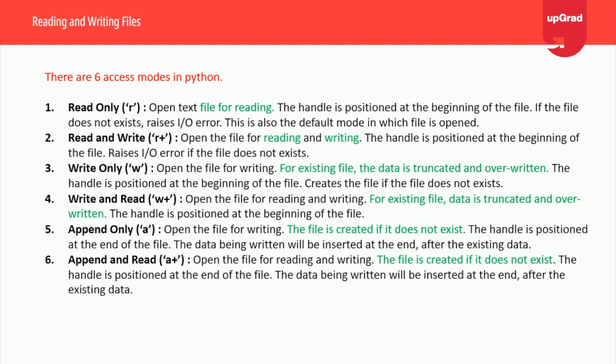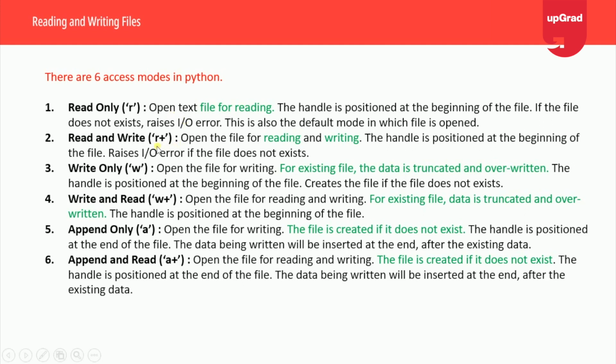To make the interpreter aware of the developer's intention or the purpose of working with the file, we use file modes. For example, the very first mode is the R mode. If I specify R while doing the programming for file handling, the interpreter knows that the programmer wants to read a file.